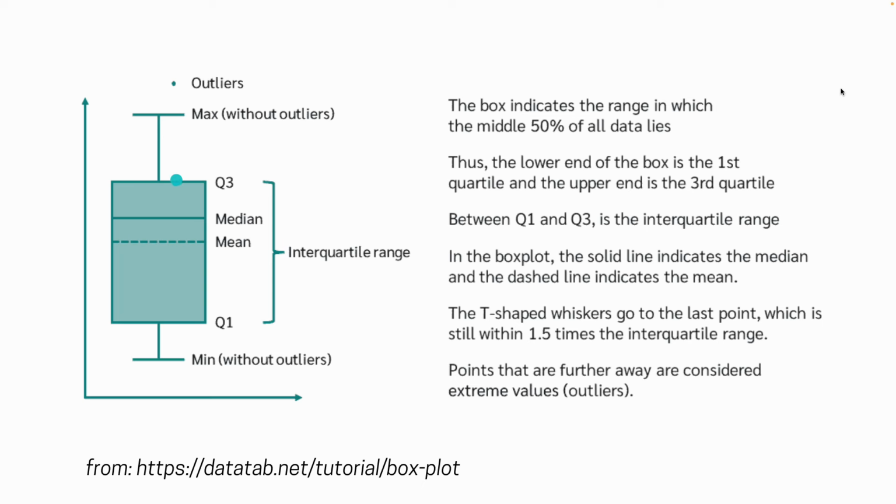So this value here times 1.5 would be this value. But if there are no outliers, or if the maximum value is within 1.5 times the IQR, then the whiskers would extend to that maximum value. Now, points that are further away are considered extreme values or outliers.